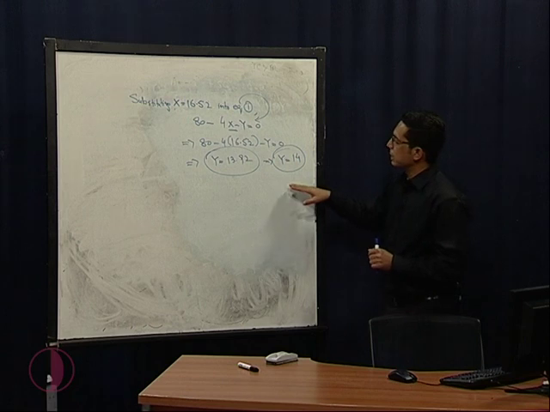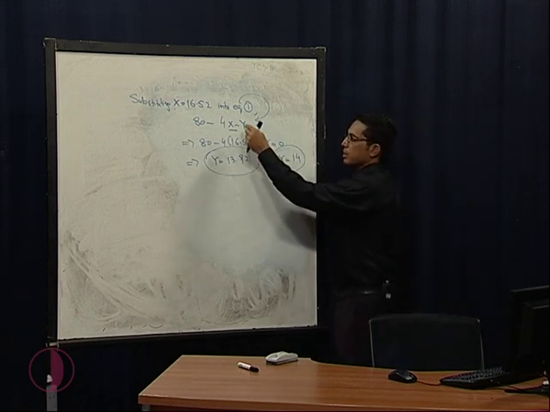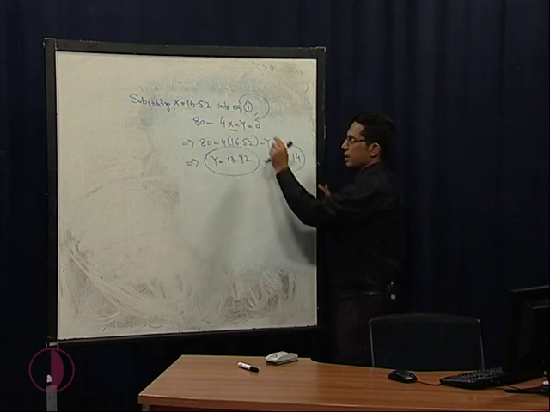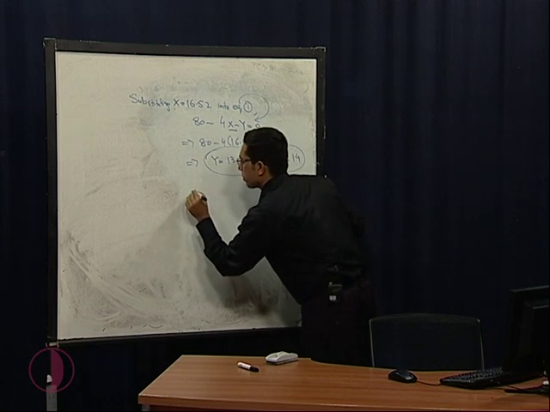How will we know about the maximum profit? Substitute both the values, both the commodities' values, in the profit function, and we can get it. So what was the profit function?